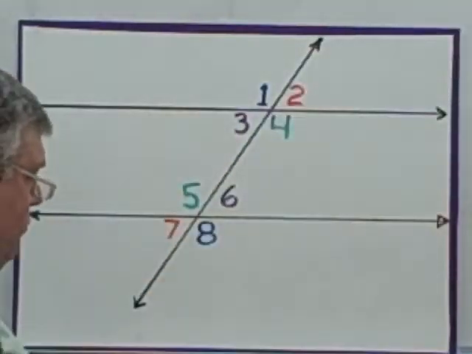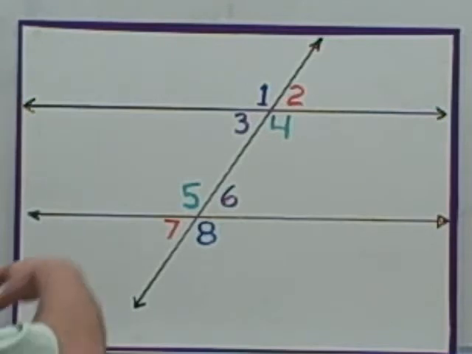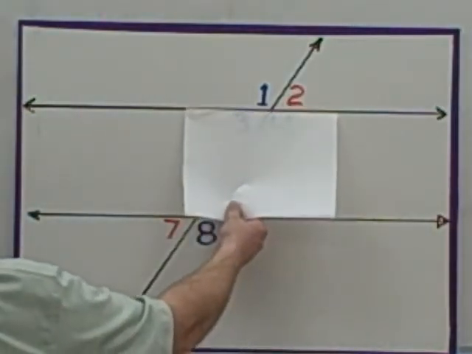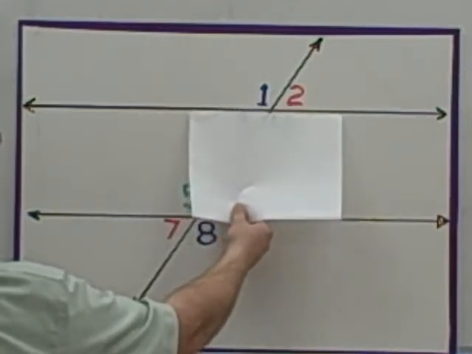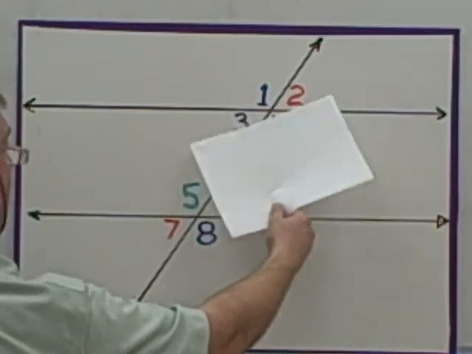Let's take a look. Here's that same drawing of parallel lines without the extra stuff on there. Now, if I go like this, you'll see that we've got a straight line and two angles that form a straight line. So they add up to 180 degrees. They are supplementary.